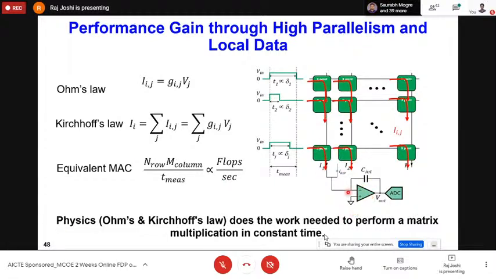Here is the summation operation. Then you store it internally through a capacitor, and that analog voltage is converted to digital. So that's what it boils down to. Using the physics, you can use the memory resistive elements to calculate the currents, sum the currents, and get your output. That becomes your great in-memory computation.